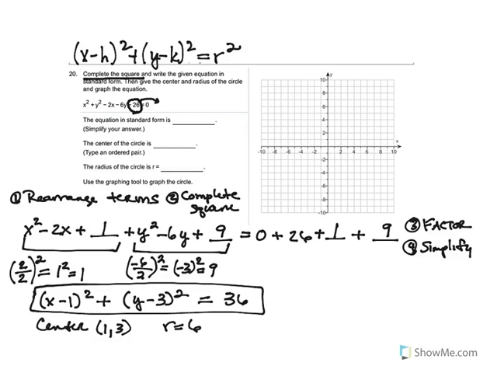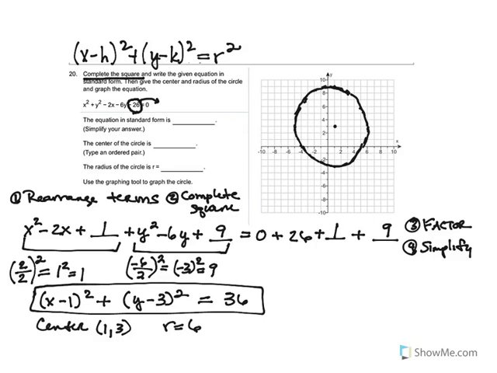If you had to graph this, you would graph 1, 3, and then you would use your radius to count up 6, count down 6, left and right, and then you would simply sketch your graph as best as you can. And that's my circle. And you would be good to go.